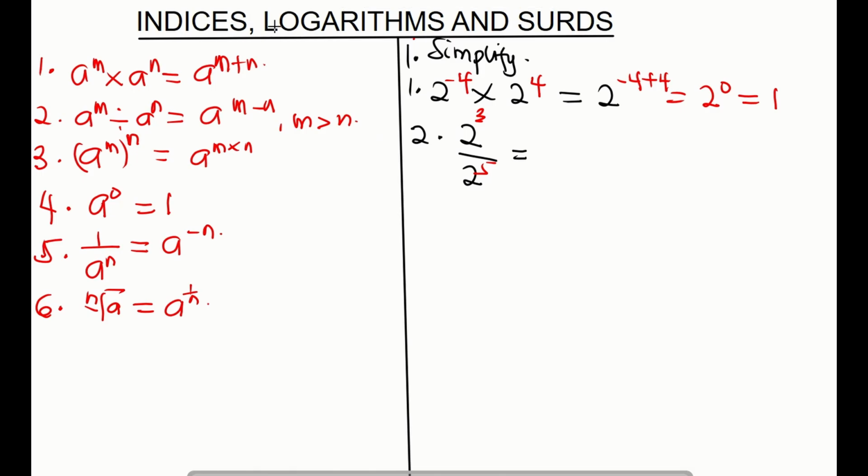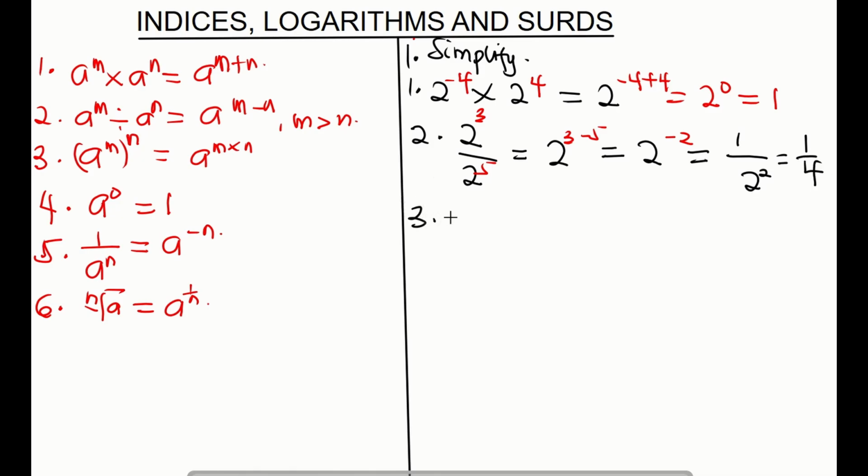We consider the same base, and then take the exponent at the top, 3, minus 5. This gives us 2 to the power minus 2. But we can still rewrite this. From the fifth law, this is the same as 1 over 2 squared, which is the same as 1 over 4.